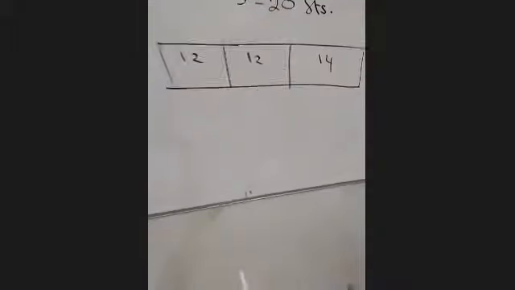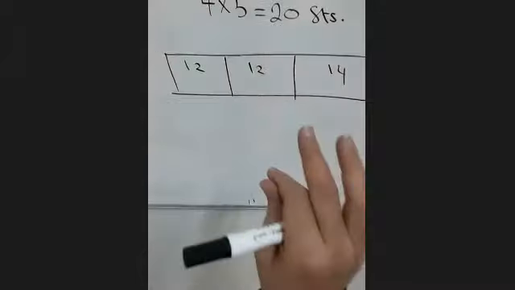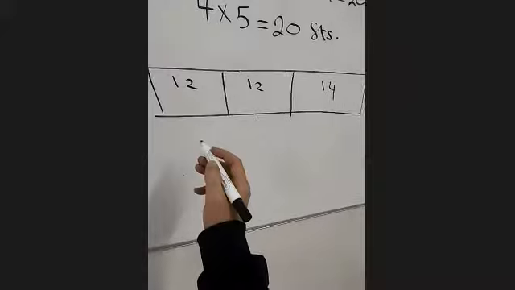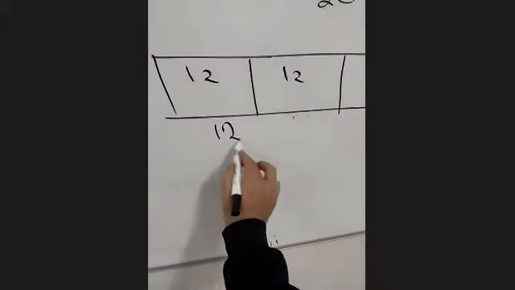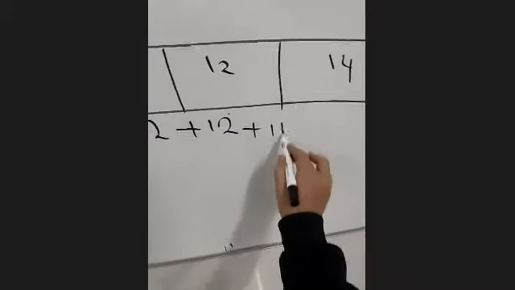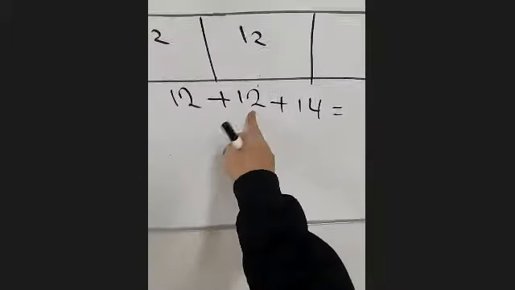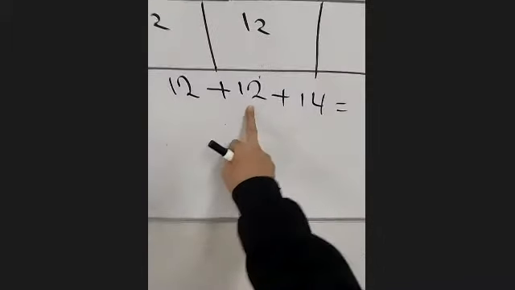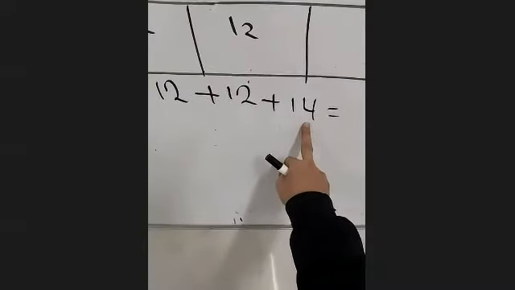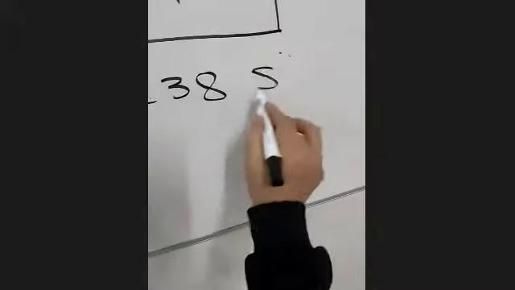So, give me the first way in addition only. We will use addition only. 12 plus 12 plus 14. Let's add and find the answer. 12 plus 12, 24. Plus 14, sorry, 38. So we have in total 38 what?